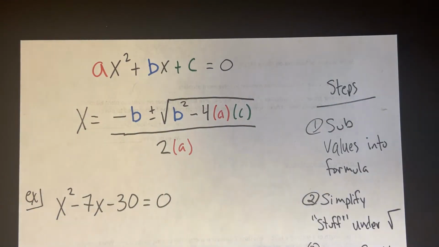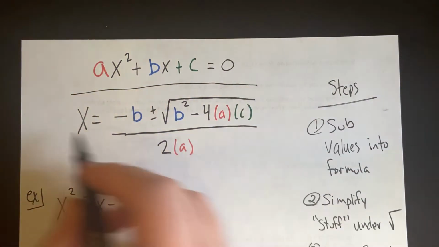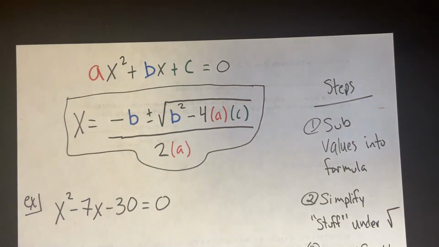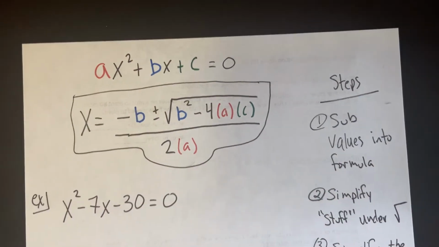Okay, so now this giant thing here is what is known as our quadratic formula. Again, with the quadratic formula, we are trying to solve for a value of x. So the formula actually is, x equals.